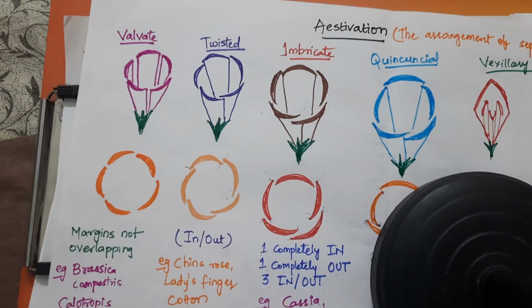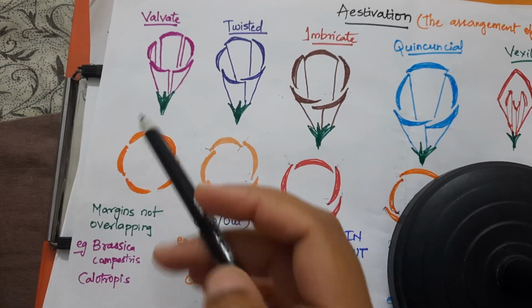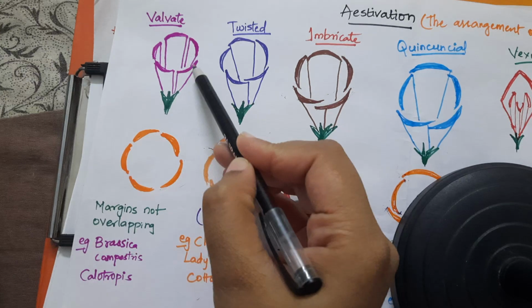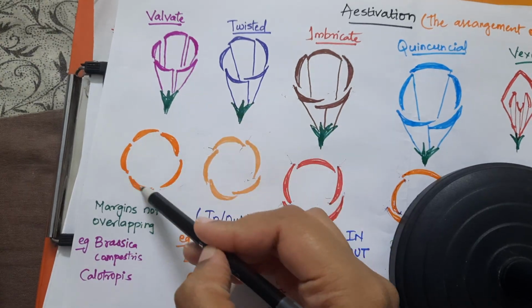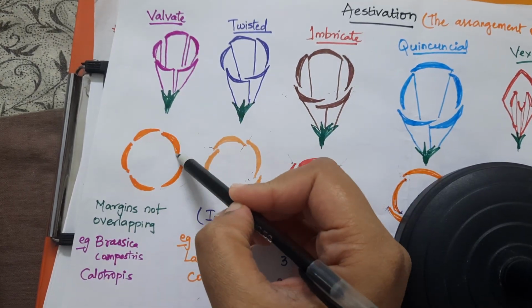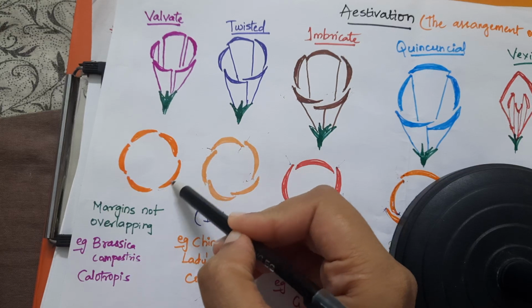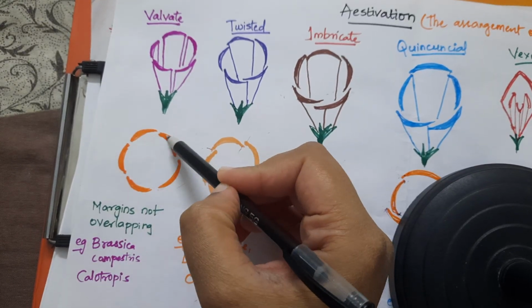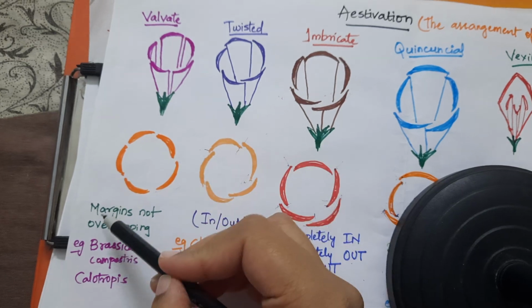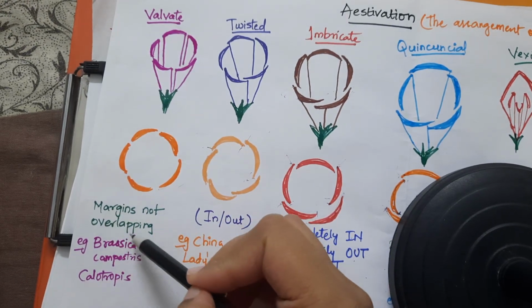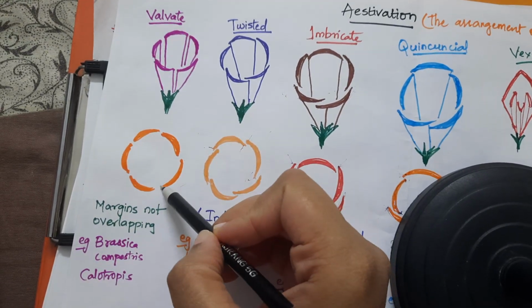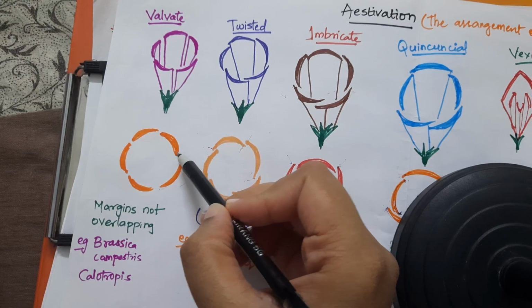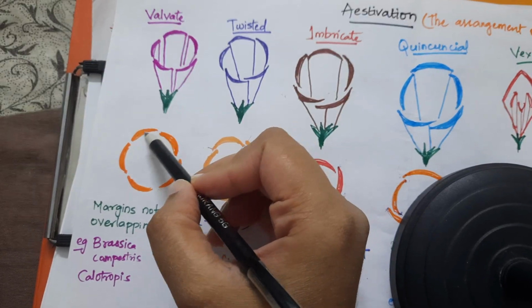See here in this valvate estivation, the arrangement of sepals or petals is very close. This is one sepal, this is another sepal. In this way the sepals or petals are arranged, but there is no overlapping of margins. This margin is not overlapping with this, and this margin is not overlapping with this.